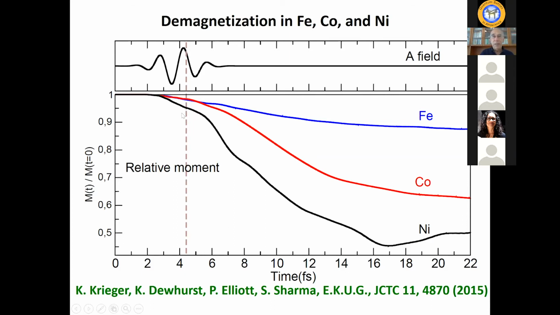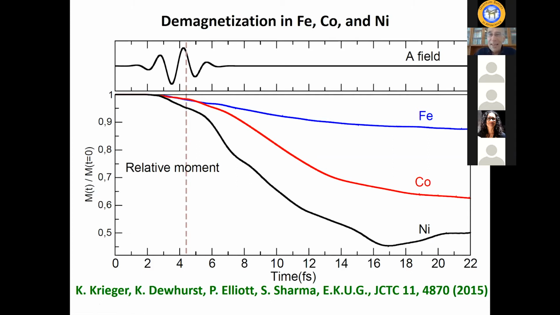And you see, indeed, it goes down. It's normalized here to the initial magnetization. What is interesting is that while the laser field is on, not so much happens, a little bit here, but the main effect actually happens after the laser field is switched off.